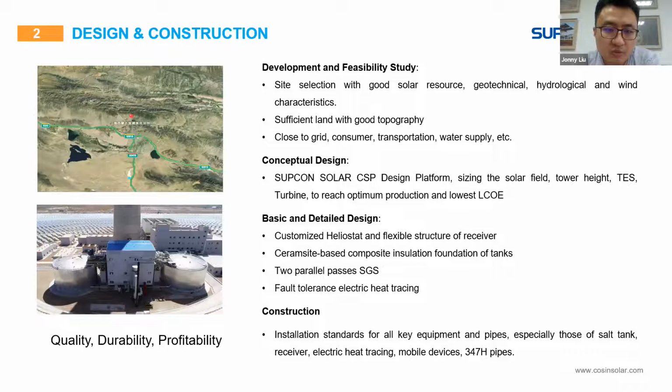It's with 2 parallel passes to increase the availability of the SGS, and it can also work together with the turbine to ramp up and ramp down very quickly. And for the heat tracing, we use fault tolerance to increase the availability, because in that area it's very cold, so the heat tracing system is very important.